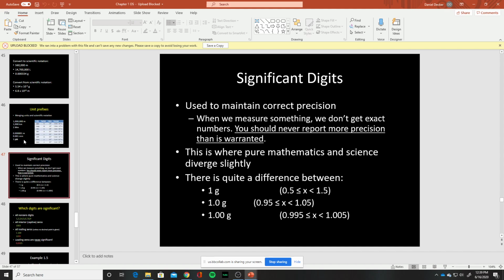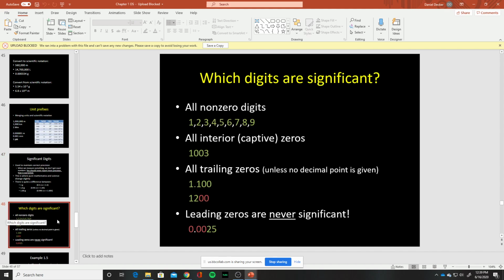Someone, I forget who it was, wanted to go over sig figs real quick here. So essentially what we're looking at with sig figs is we are trying to determine the amount of precision that we have with a number.